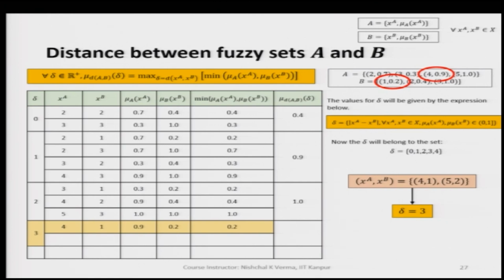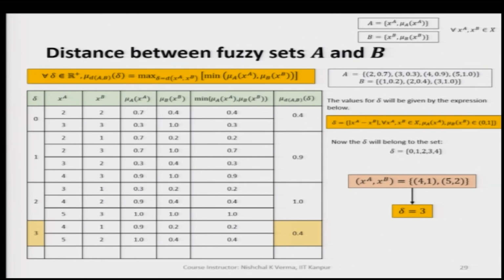When we fill these entries, we find that the min is coming as 0.2, and for the second pair, we are getting 0.4 as the min of these two. And as we have done in previous entries, we take the max finally, and we get 0.4. That is how we have entered 0.4 here.